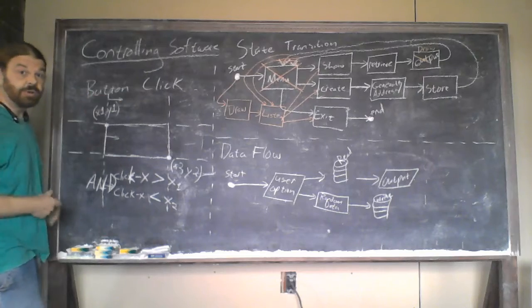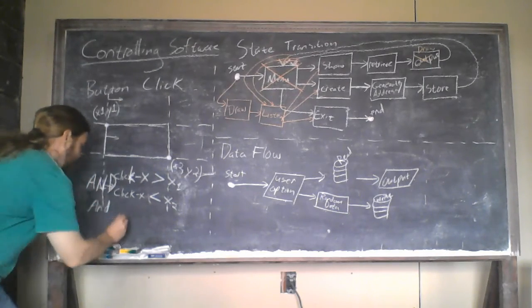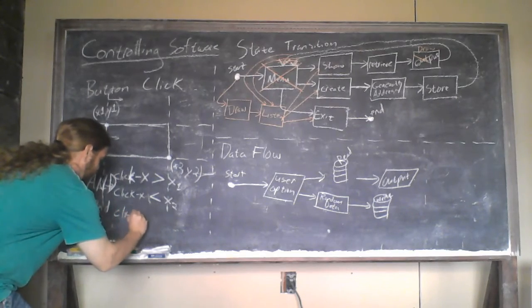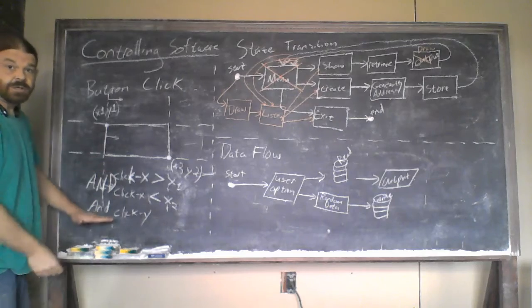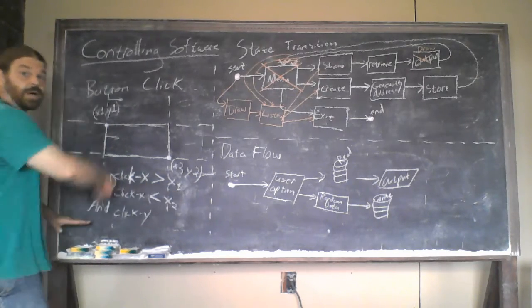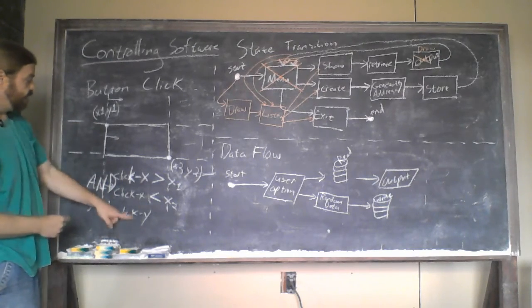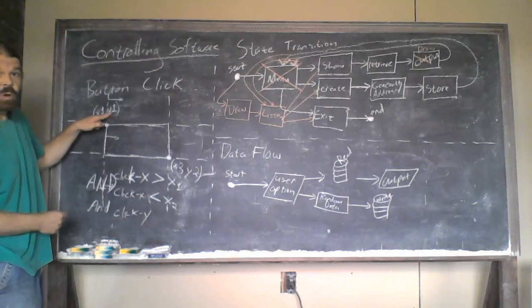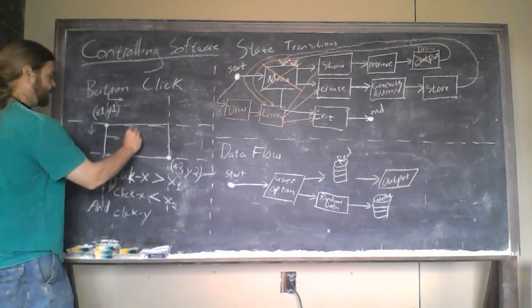Then we can do the same thing for the y's. So, and our click y, and remember Raptor starts in the lower left-hand corner, and x goes up this way and y goes up this way. So if the click is somewhere smaller than y1, that means we're everything below this line.